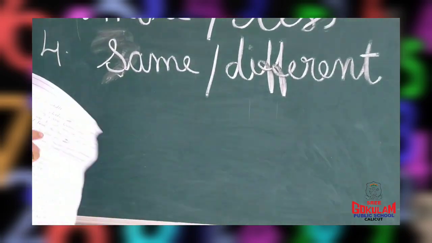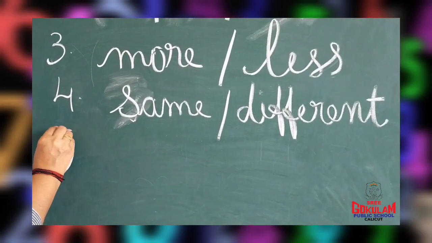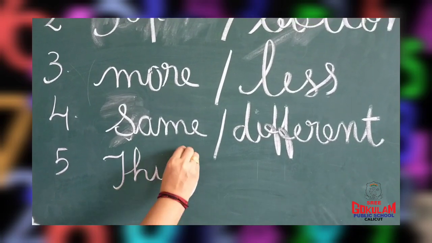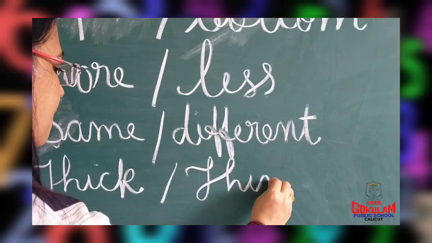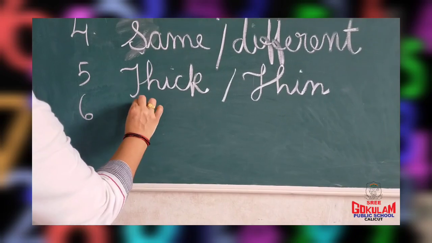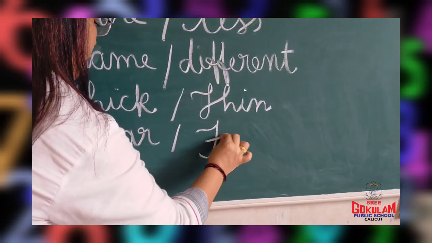Same and different. Next, thick and thin. Next one, thick, thin. Sixth one, near, far.